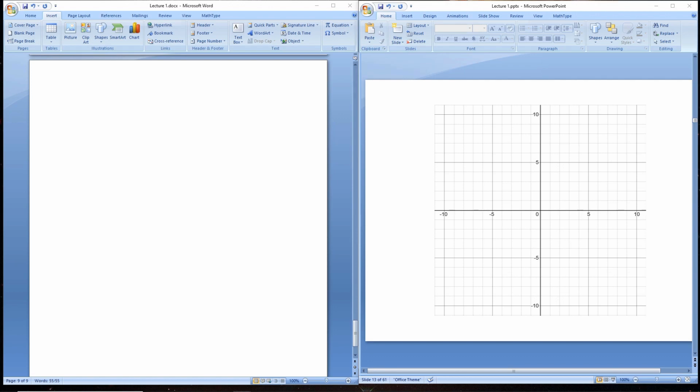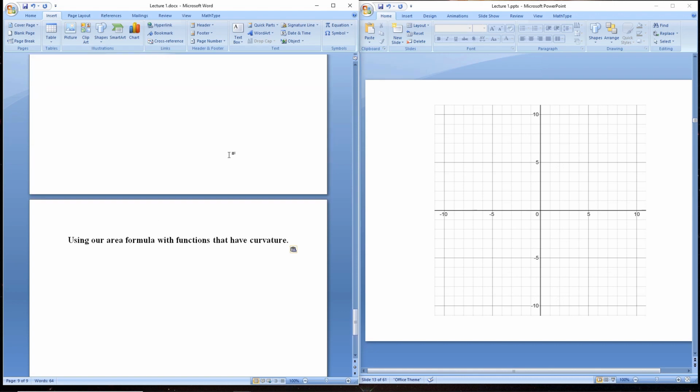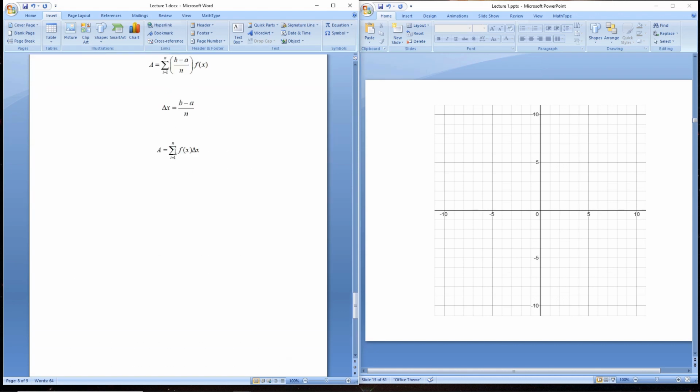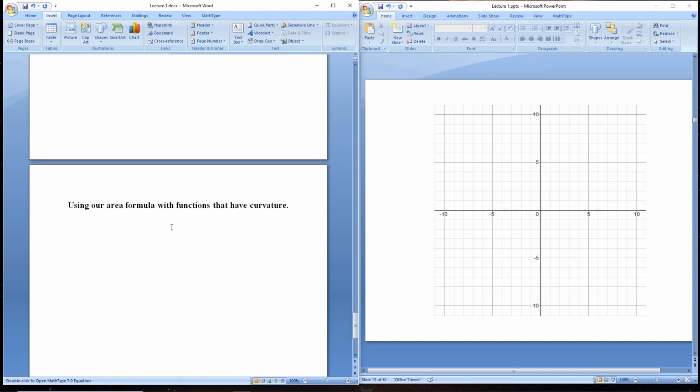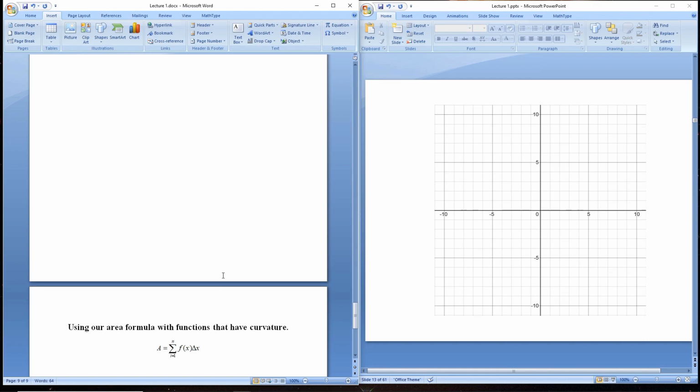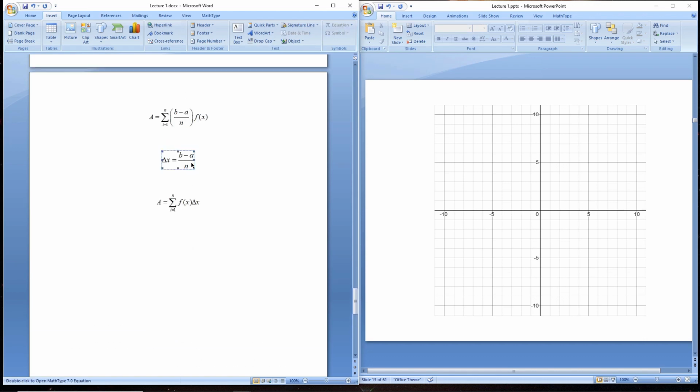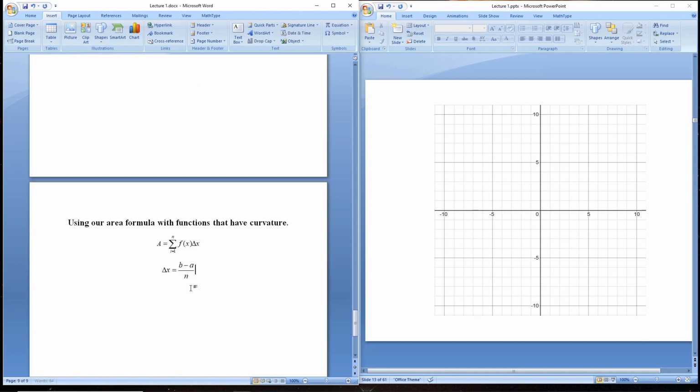And our new statement is that we're going to now use our area formula with functions that have curvature. So our area formula, again, is this expression right here. That's our area formula we're going to use. And also, delta x is our b minus a over n. These are our two expressions that we are at now.